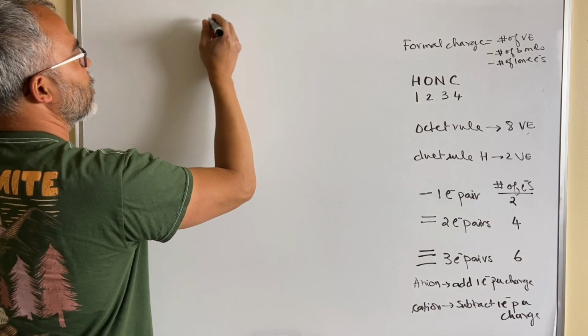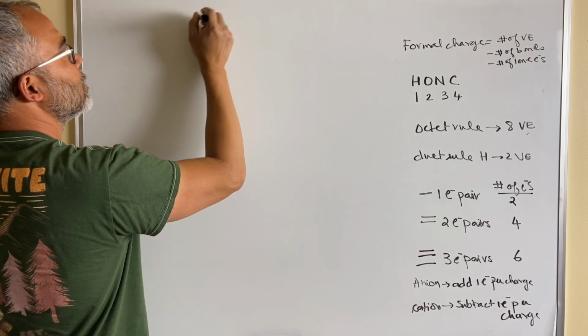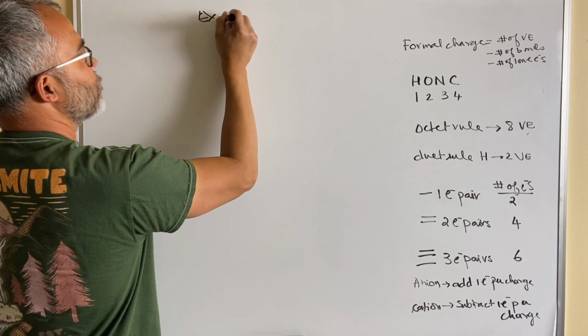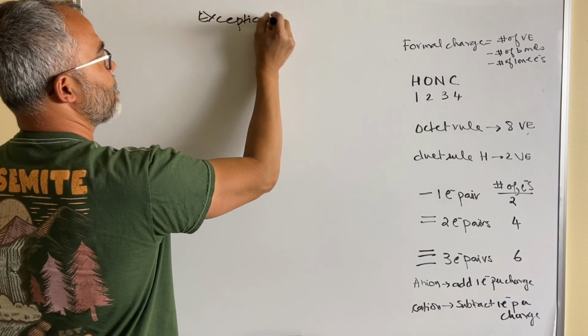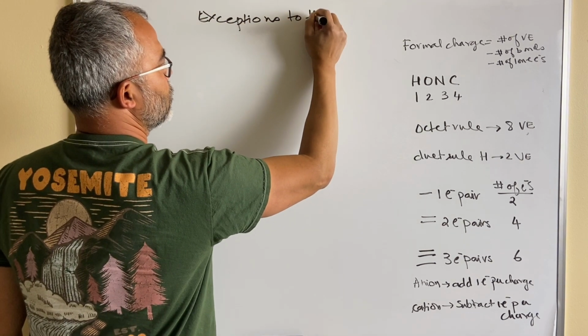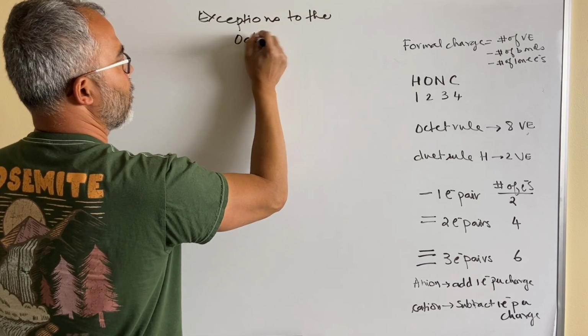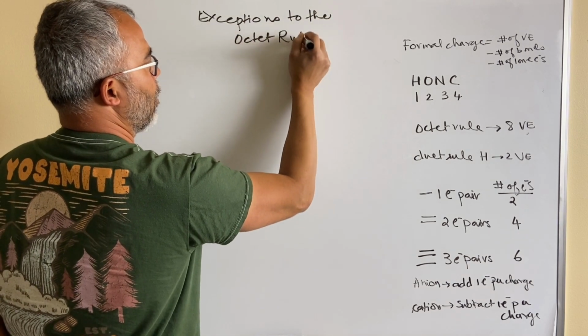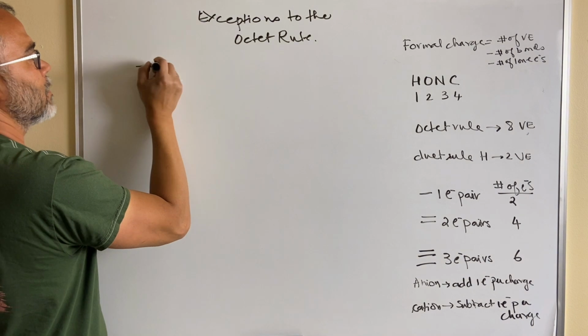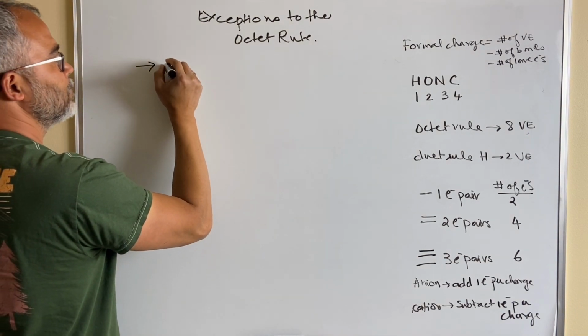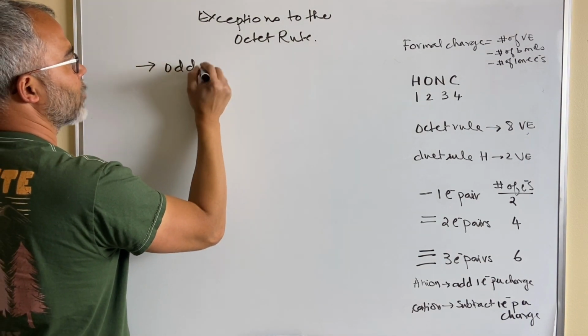So the three cases we're going to look at are, first, let's write exceptions to the octet rule. There are three cases. One is odd electron species.